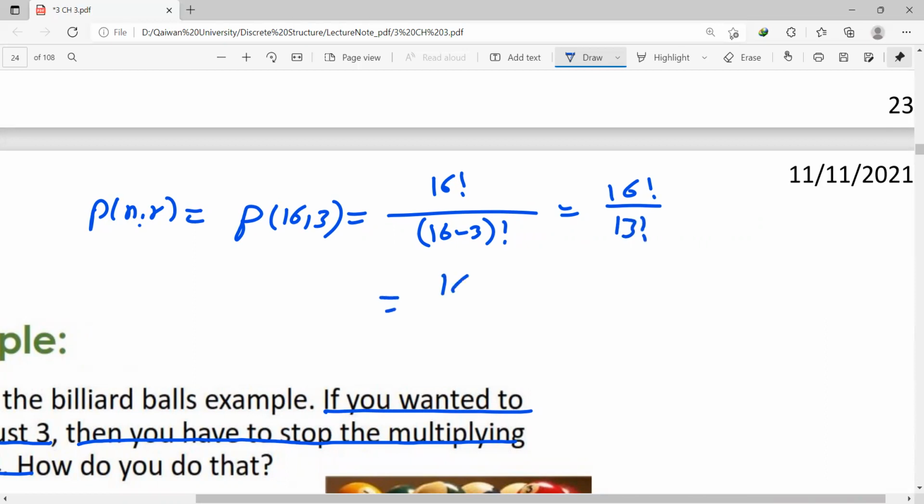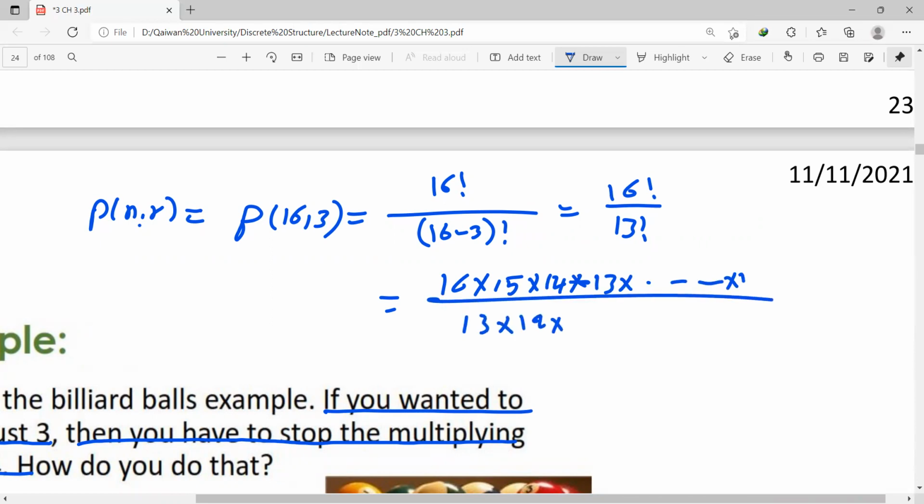It equals 16 multiplying by 15 multiplying by 14, multiplying by 13, multiplying by up to 1. And the denominator is 13 multiplying by 12, multiplying by 11, multiplying by up to 1. These all are cancelled with these.